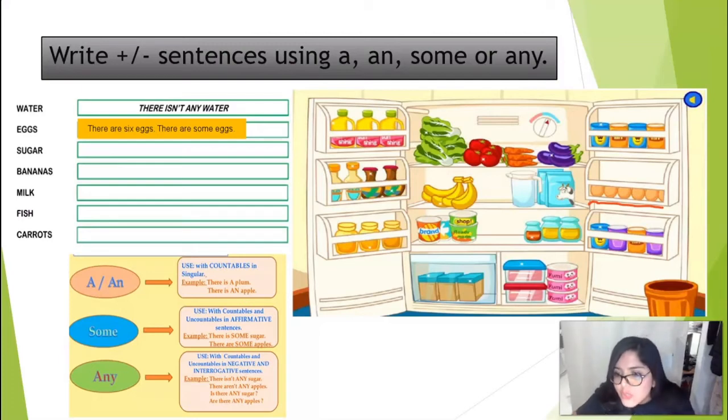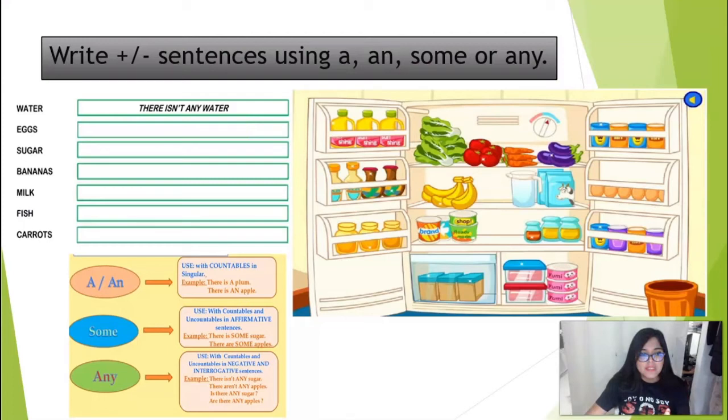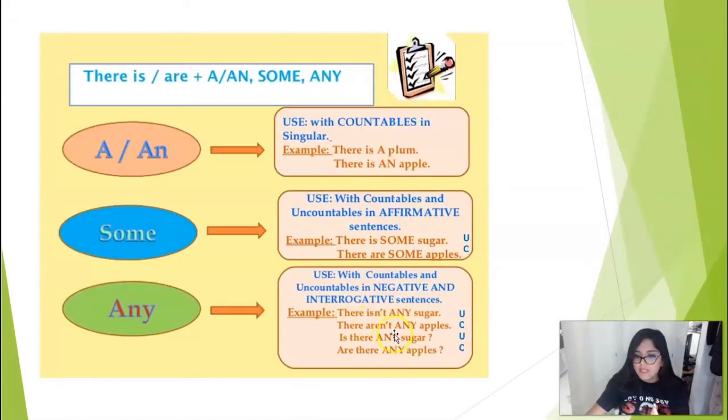Next one, we have sugar. Do we have sugar here? Help me look for it. I think not. I don't see any sugar. So, as there is no sugar, how do I write negative sentences? Remember, for negative sentences, I am going to use any for negative and interrogative.